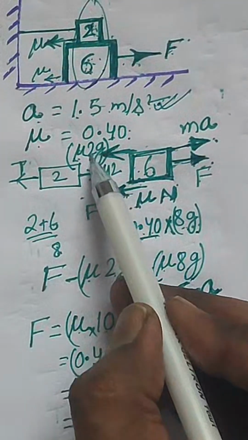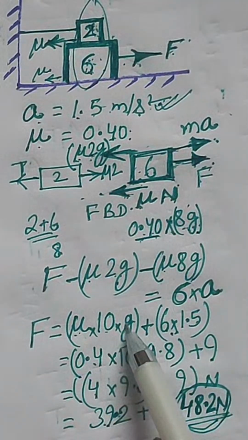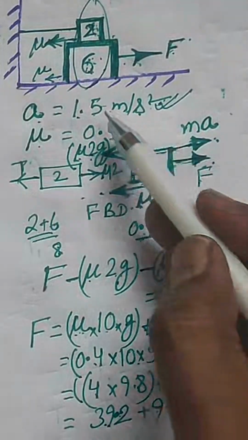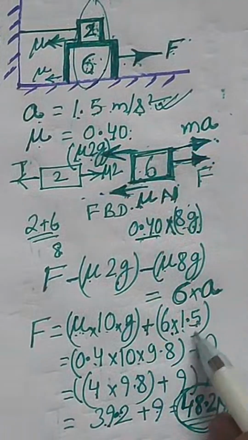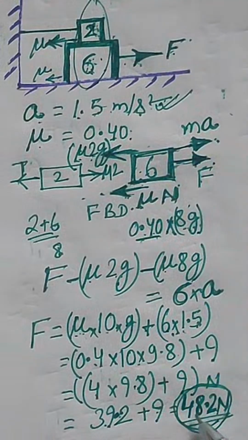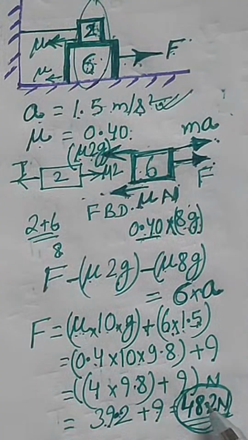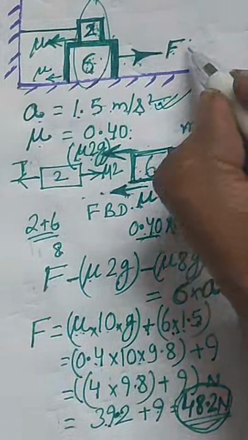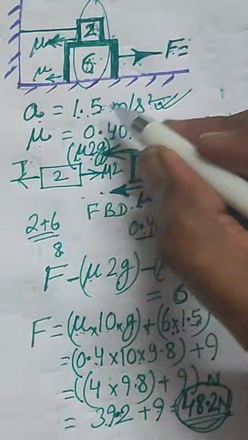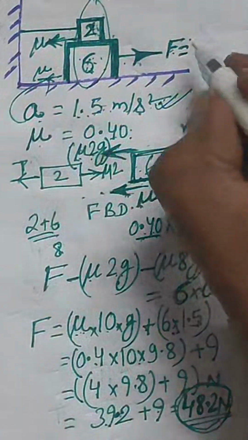So mu times 2g and mu times 8g will add up, and mu times 10g plus 6 times a. Put the value of a as 1.5 meter per second square and solve, putting the value of g as 9.8, to get 48.2 Newton as the magnitude of the force which is required to impart an acceleration of 1.5 meter per second square to the 6 kg block.